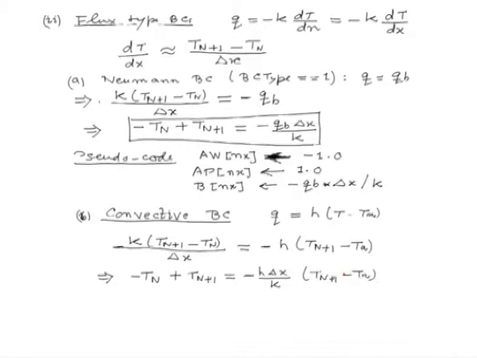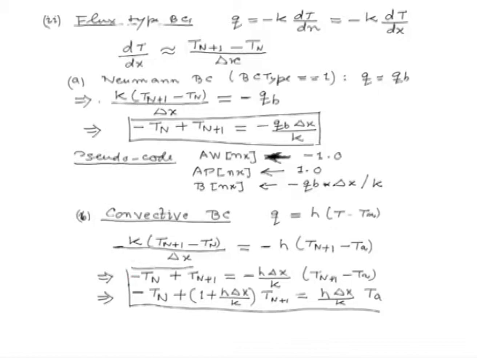Rearrange it further to put it in standard form: minus Tn plus 1 plus h delta x by k times T of n plus 1 is equal to h delta x by k times Ta.